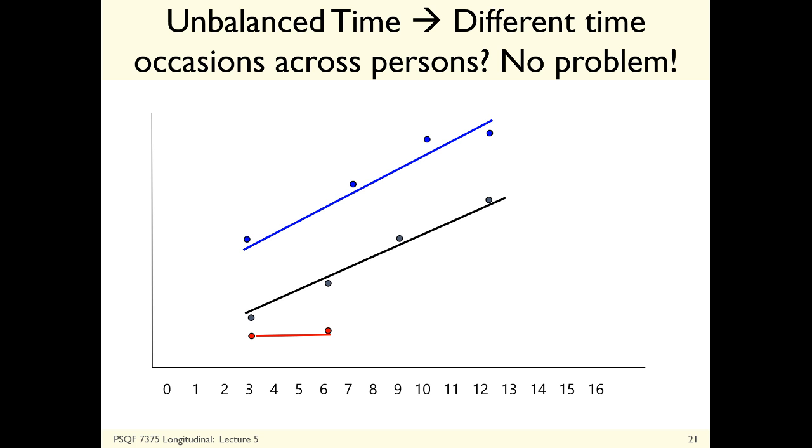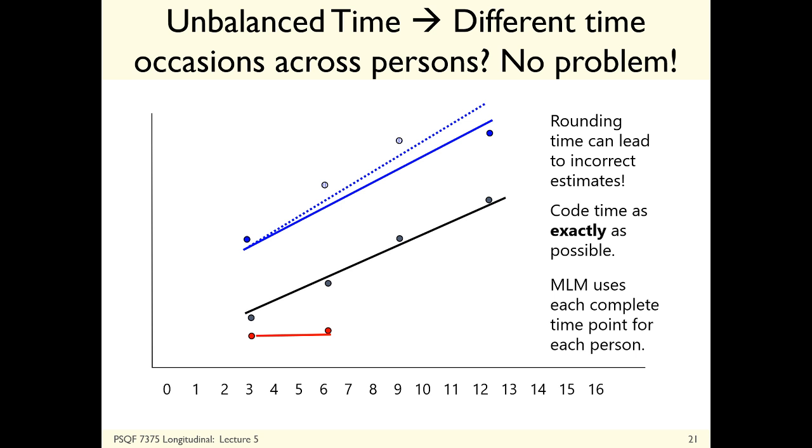What if I were fitting an ANOVA model where the only option is saturated means, time is discrete? Well, if I move time 2 over here and time 3 over here, what happens to my line? It's different. By rounding time, you're introducing measurement error. You don't have to do it.